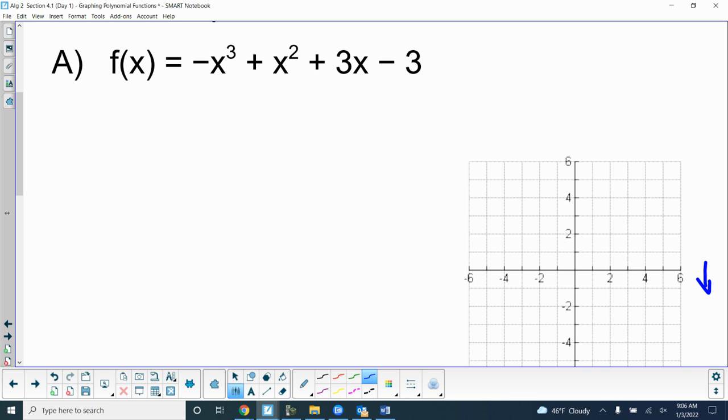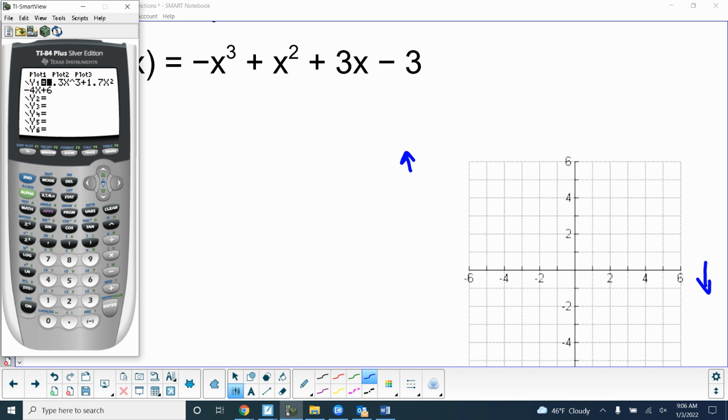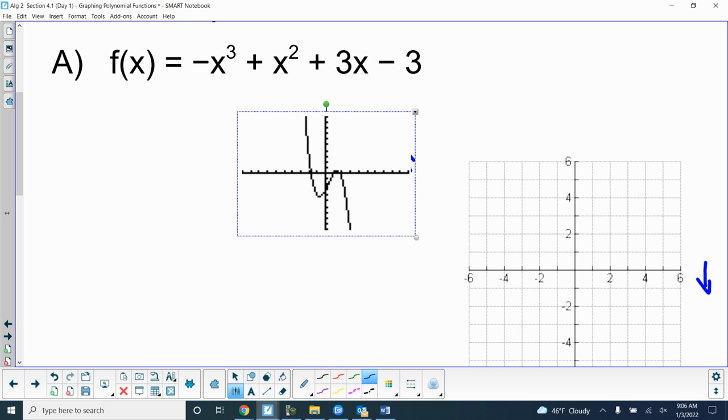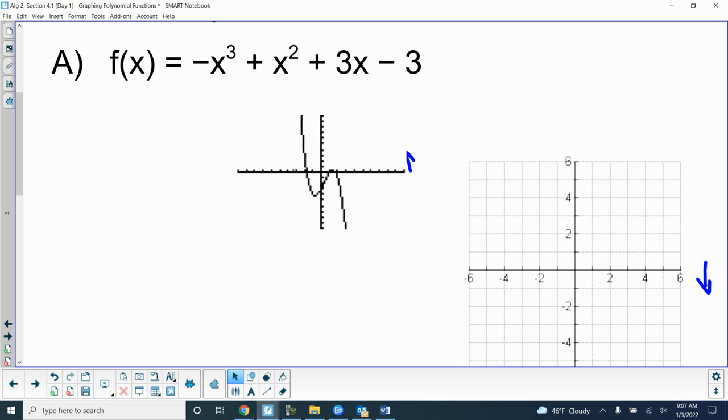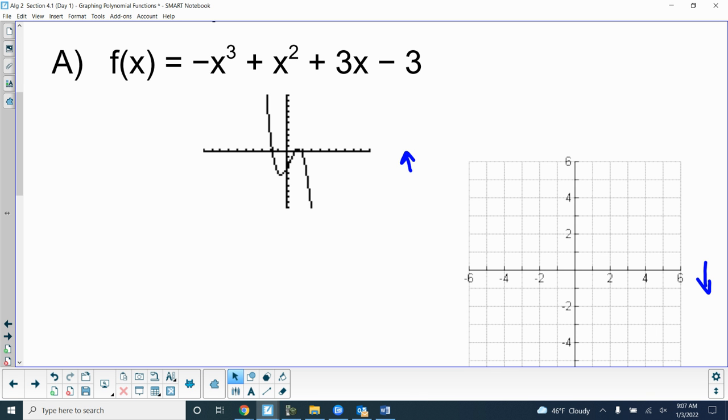It's going up. Opposite directions, right? So what I would do is go to my y equals and put in negative x caret 3 plus x squared plus 3x minus 3 and hit graph. And it's doing that, right? Like we thought. It's going up on the left, going down on the right.